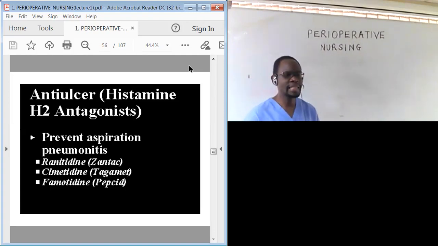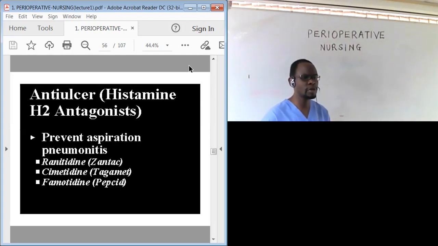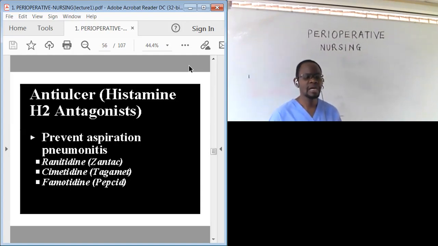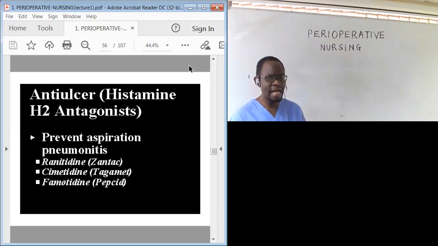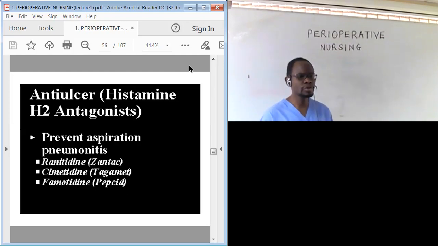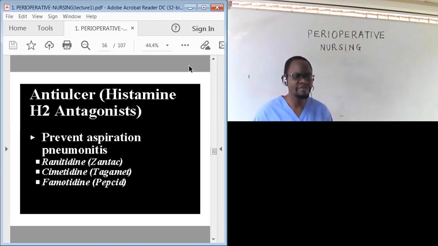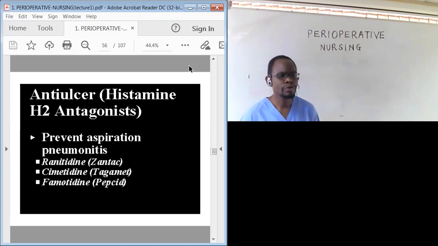Medications like ranitidine, cimetidine, famotidine help with prevention of pneumonitis, but also stress ulcers. So those are also examples of preoperative medications that are given to these patients.